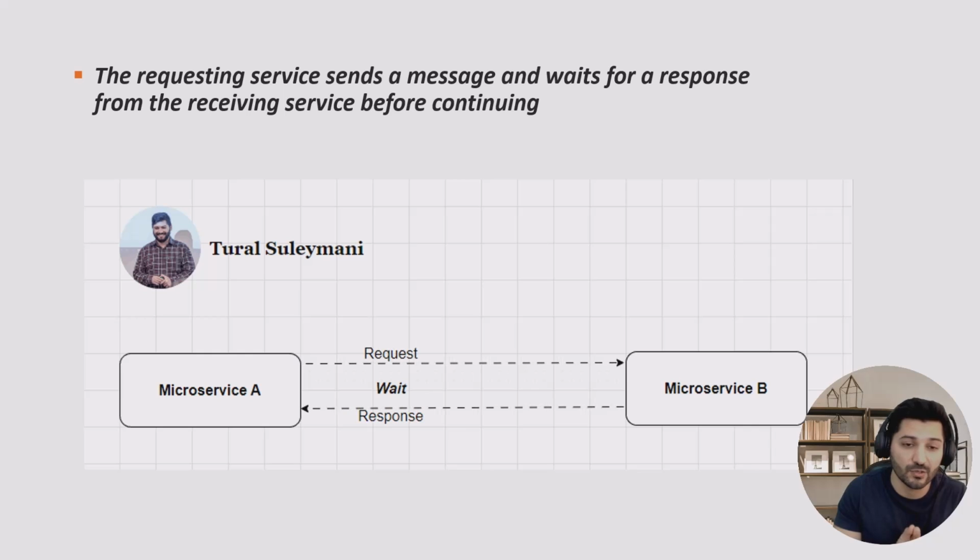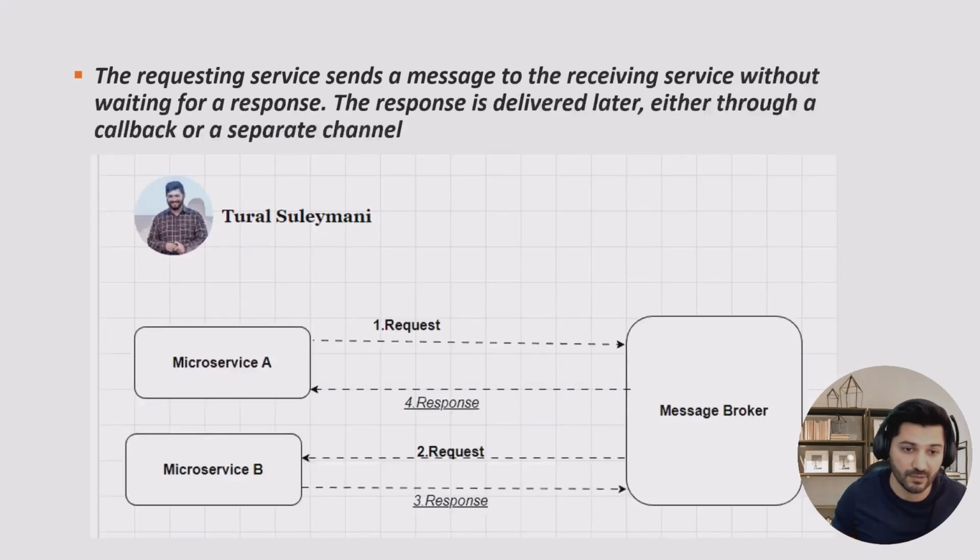When we use synchronous communication, it means our microservice A will wait for a response from microservice B to continue. You can compare it with simple method communication. You have two methods and one method calls another synchronously, so we wait for some response from the other method to continue. The same is applicable for our microservice development also.